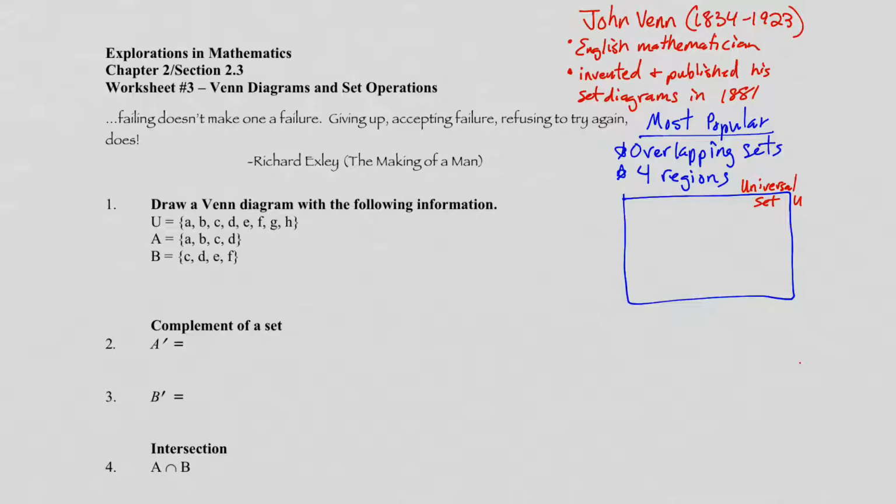Let's say subset A and subset B is going to overlap. That means there's going to be some things in common with subset A and subset B.